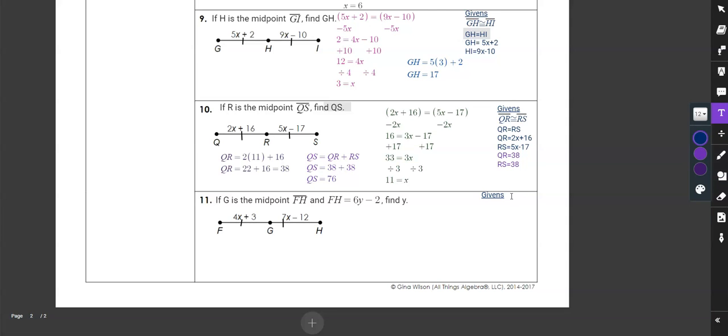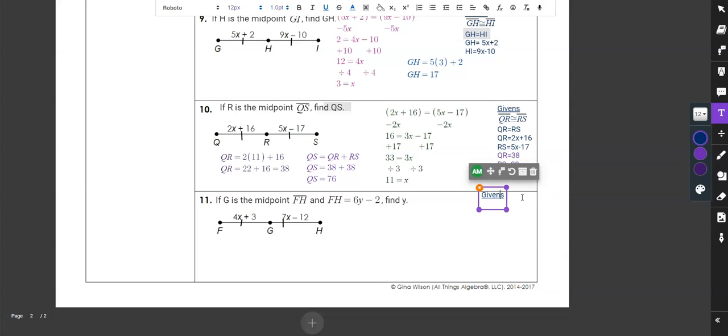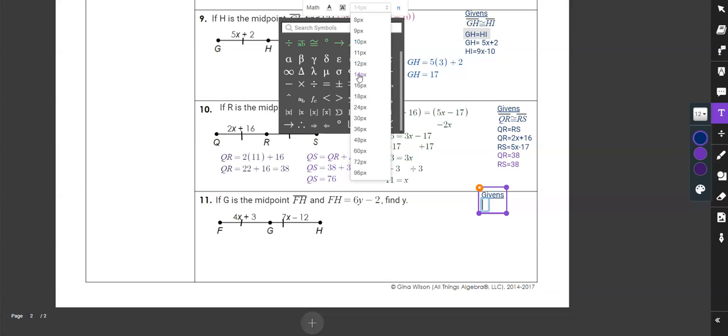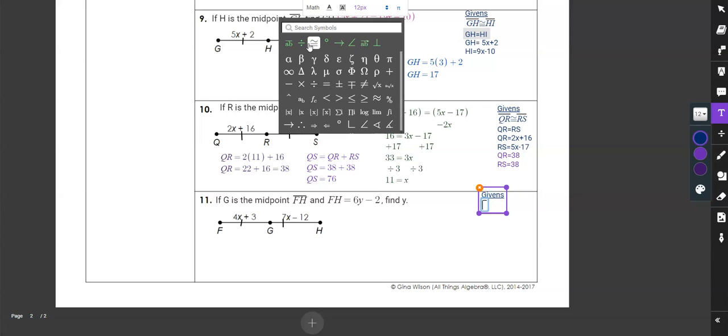And then we're going to go to our math tool. Because we have the midpoint, that tells me that segment FG is congruent to segment GH.